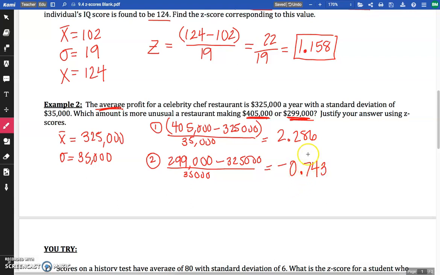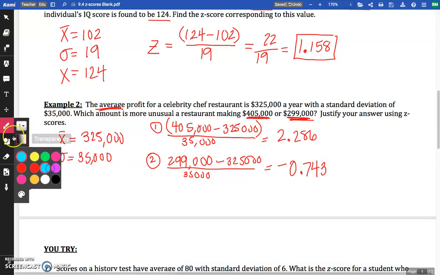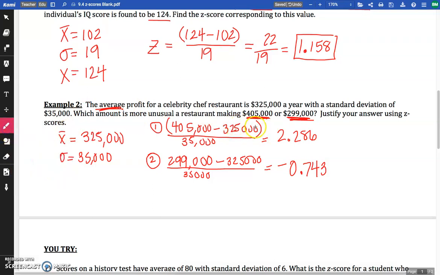So when I'm looking at these two z-scores, it's telling me how many standard deviations away the actual score is from the mean. Okay, so if I want to decide which one's more unusual, I'm looking at which one is further away from 0 is one way to think of it, right? Because this one's positive, this one's negative, but this value is further from 0. Okay, it's not just because it's positive, but 2 is further away than 0.7 from 0.